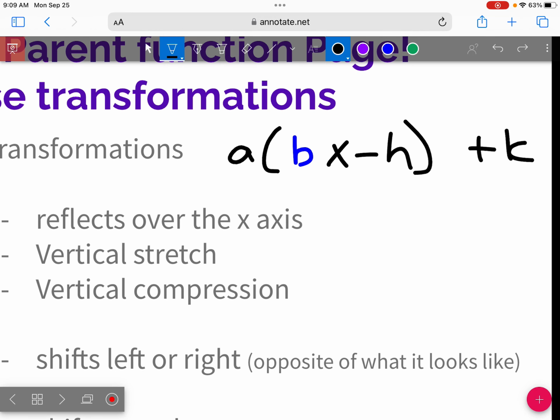The B is in front of the X. Just because on the library of functions page, it doesn't have B on there anywhere, but just so you guys know where it goes, B times is by the X inside. And we are going to graph using A, B, X, and H repeatedly.